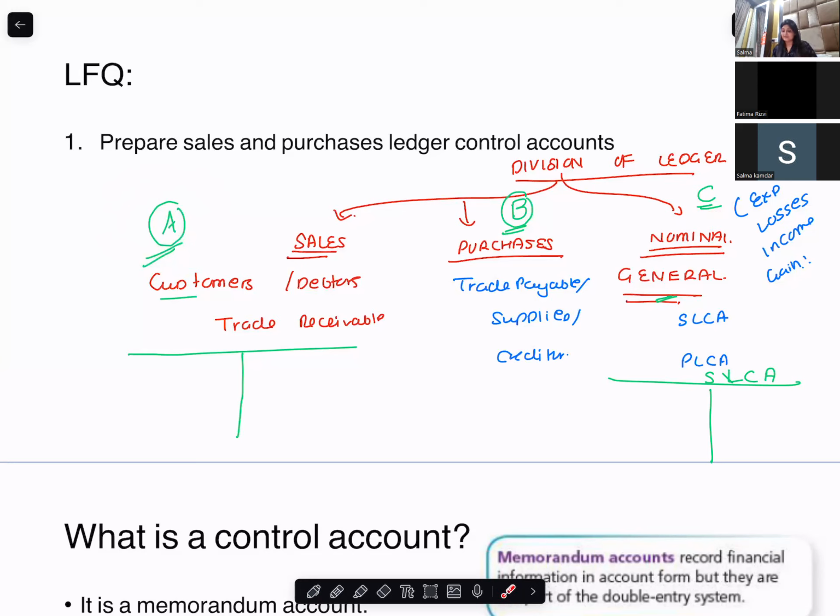And if this one has made some mistake, I will come to know from here. So both these accounts should be exactly equal to each other. Their balances should be the same. If the balances are not the same, that means something somewhere has gone wrong. So you have to control the errors, and that is why it is called a sales ledger control account.